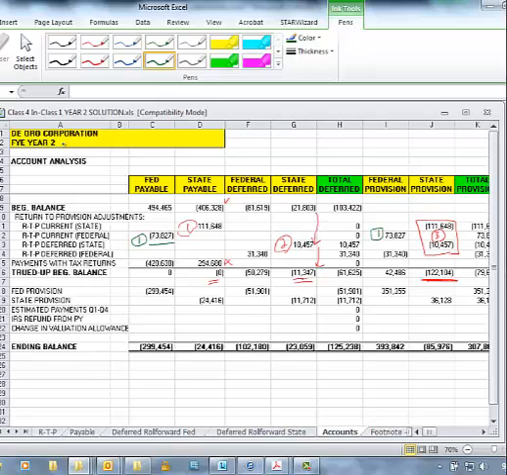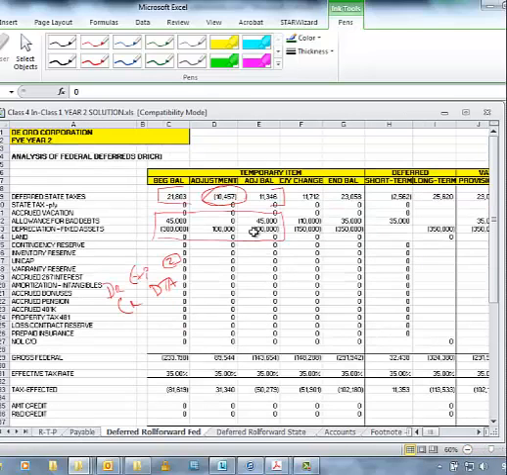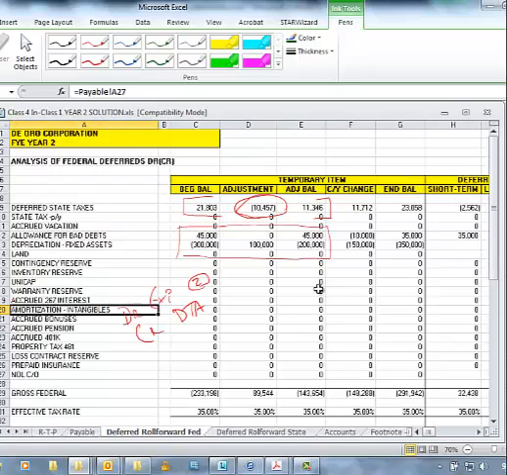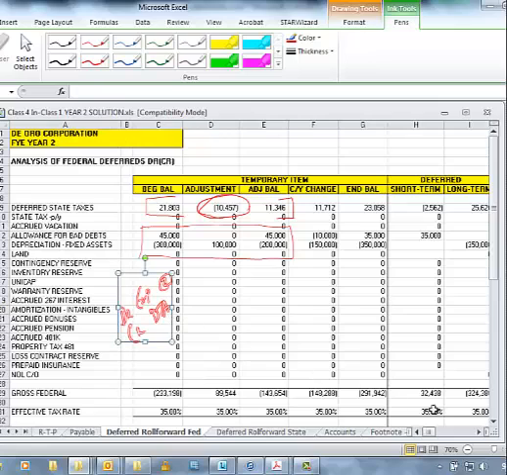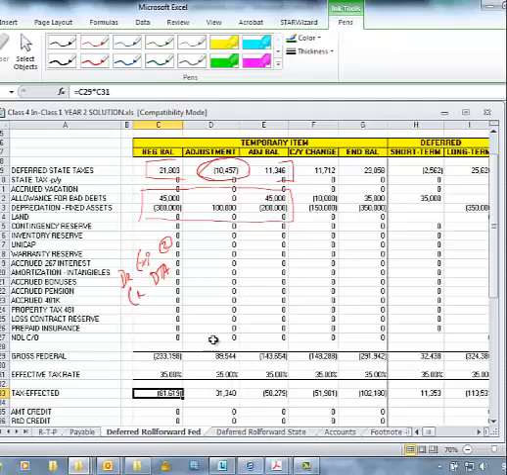Now we go to our deferreds. We thought our deferreds, shrink it down one more. It's like impossible for you guys to see. We thought our deferreds last year were 81,619. But now we know that they're 50,279.